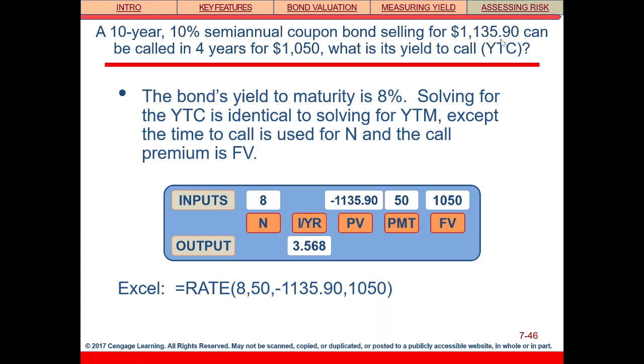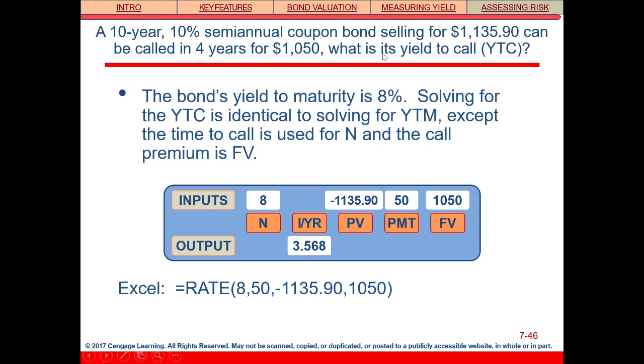And then what else do we need? The payment. The payment is 10% of the $1,000 par value. So payment every year is $100, but it's semi-annual compounding. Therefore, the payment each period should be 100 divided by 2, so $50. Yeah, so that's the 50 here.